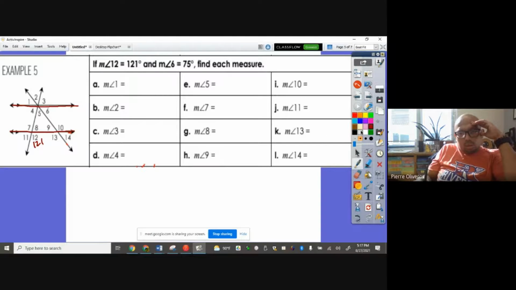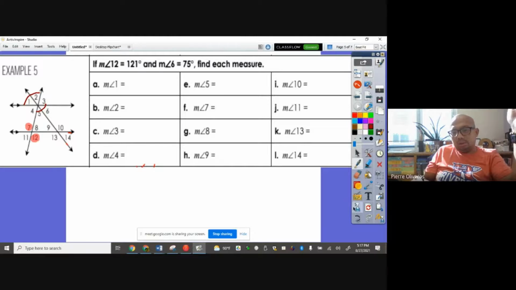If I apply my zigzag here, 12, 7, I cannot use 5 because 5 is cut out here. If you notice, the 12 and the 5 are congruent, but the 5 I cannot use because it's supposed to be the entire thing here, but this angle is cut into 5 and 6, so I cannot use that one. Okay, and likewise with 1 and 2.